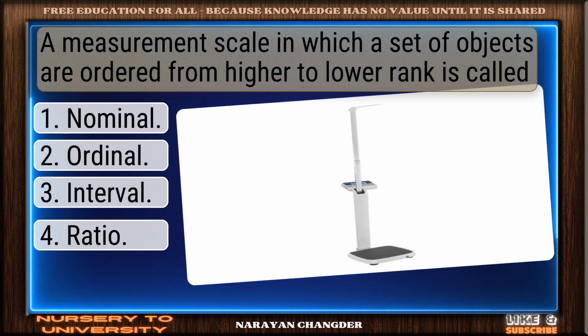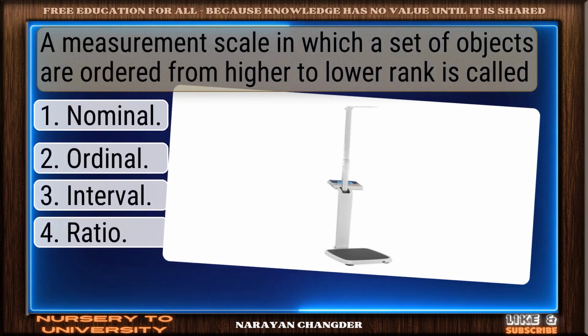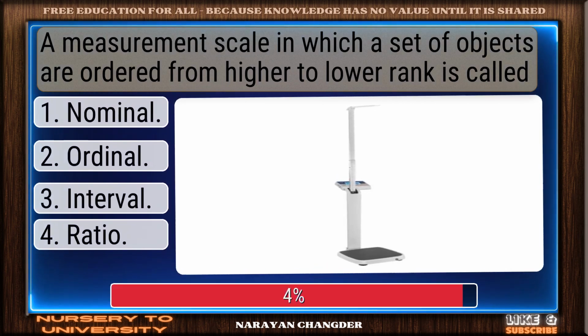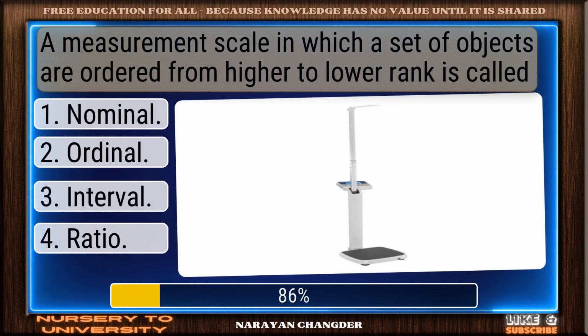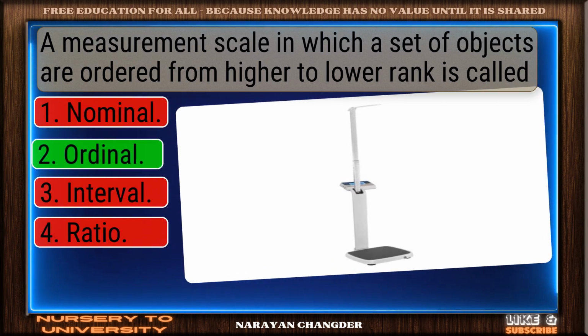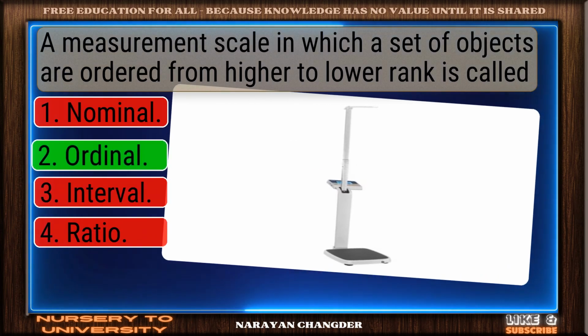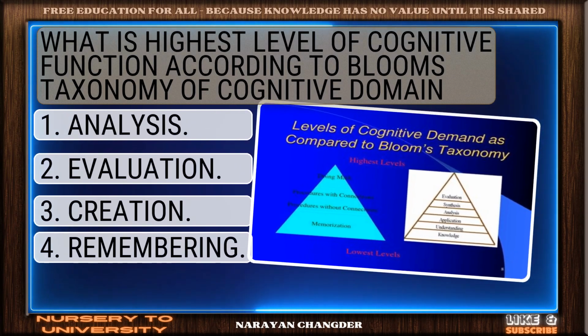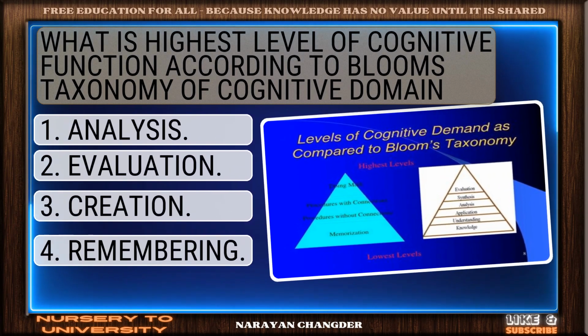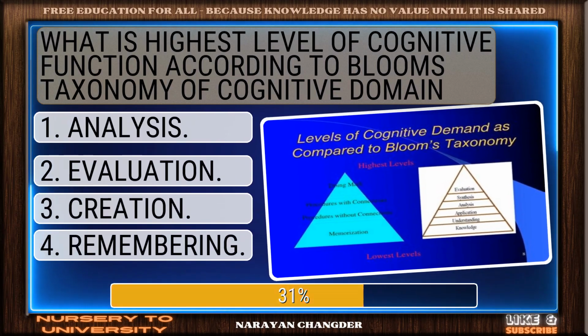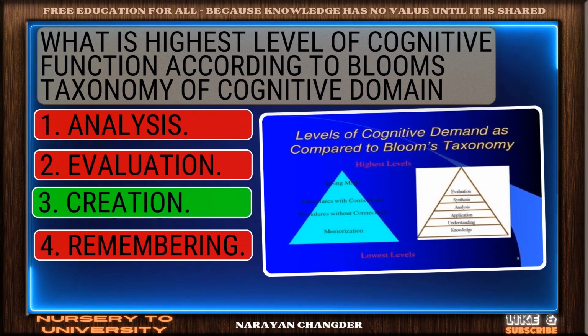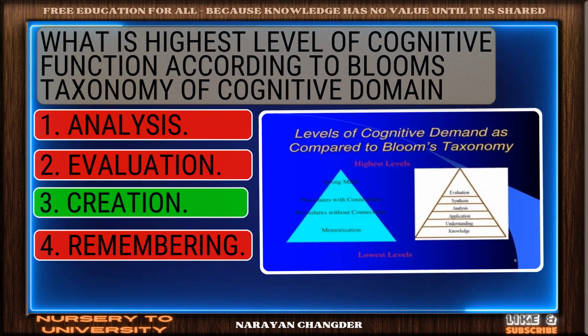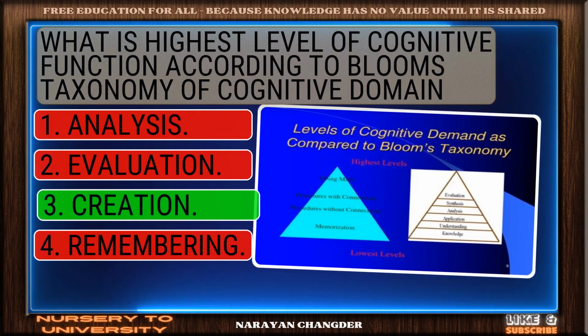A measurement scale in which a set of objects are ordered from higher to lower rank is called. Well reasoned. Ordinal is the correct choice. What is the highest level of cognitive function according to Bloom's taxonomy of cognitive domain? Right choice. Creation is the best answer.